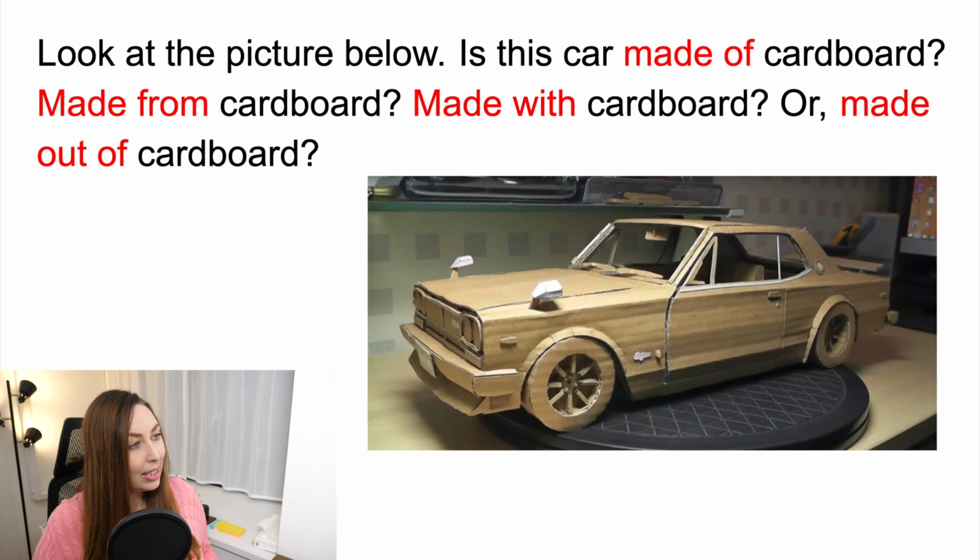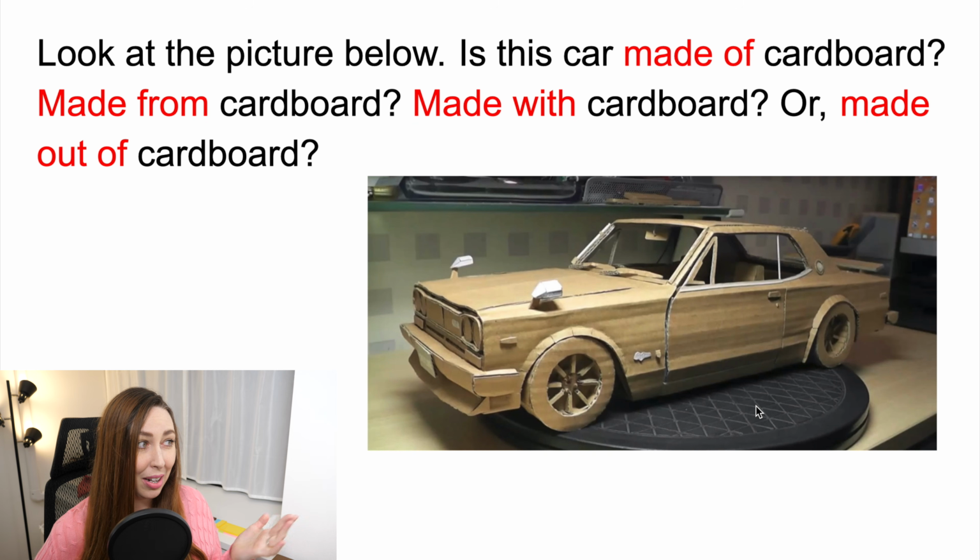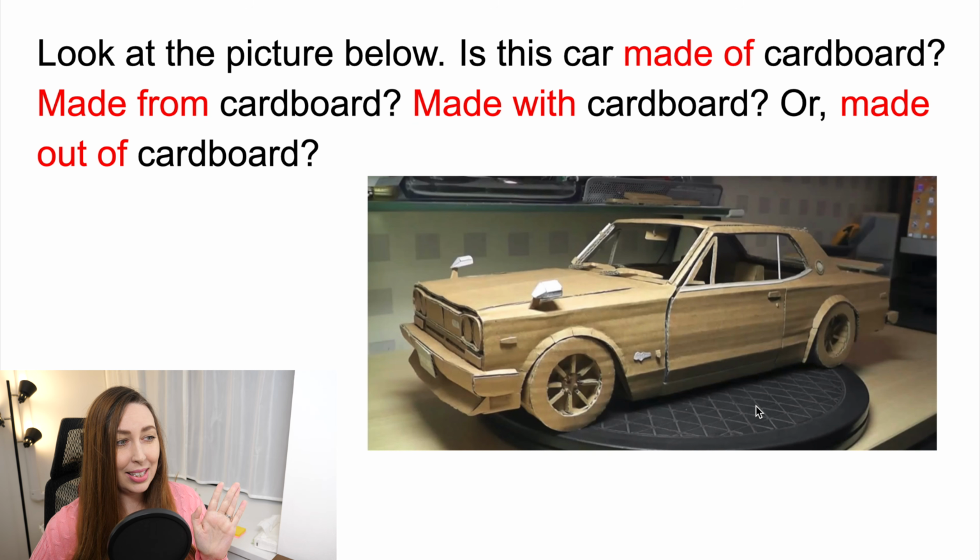All right. Let's look at the picture here. So it says, look at the picture below. Okay, we have a car here. Is this car made of cardboard, made from cardboard, made with cardboard, or made out of cardboard? Okay, so let's see what the best answers are.